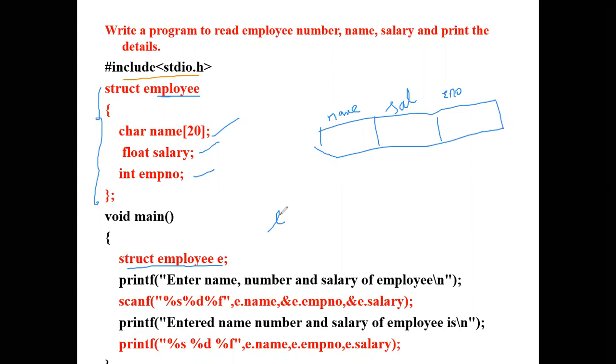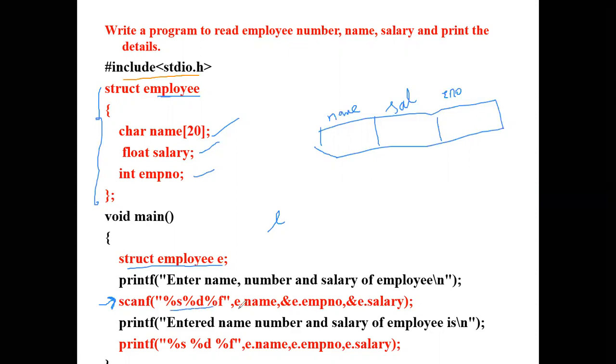Okay, structure variable e. Next, you have to ask the user to enter 3 member values. Okay, so we are using the scanf statement. Either you can write 3 scanf statements, or you can write 1 scanf statement and take all the 3 values.